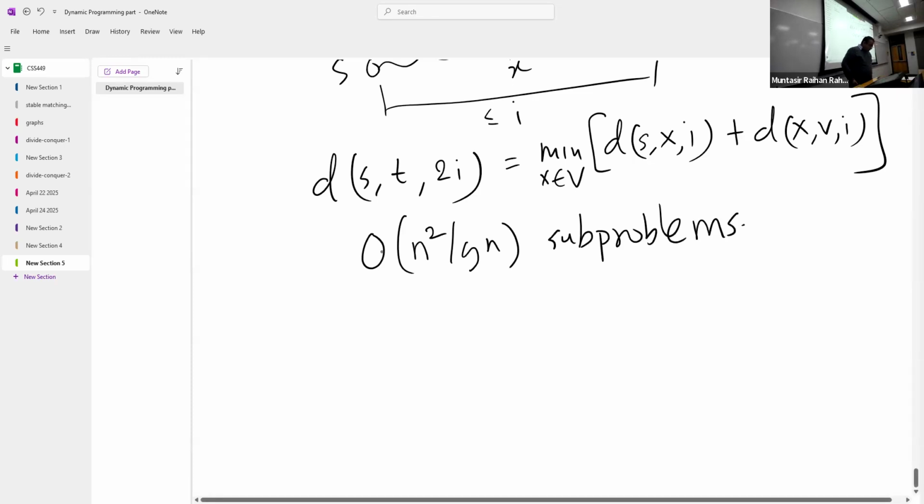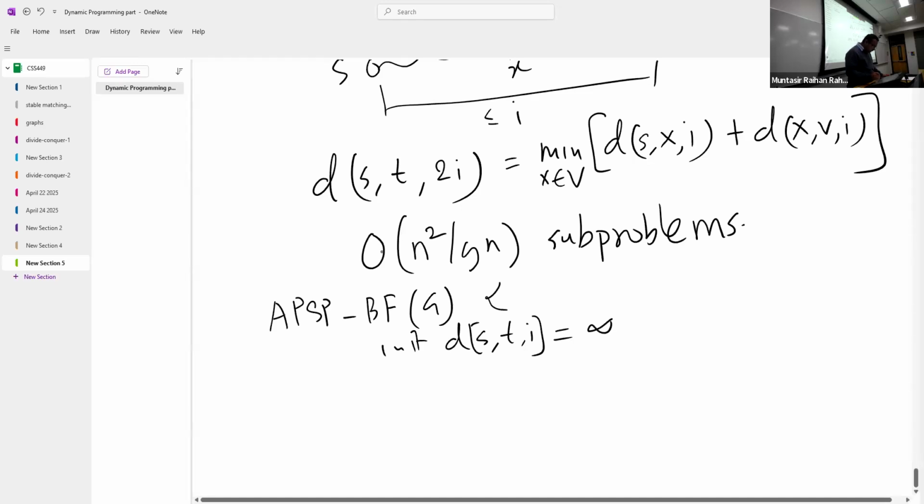Right? And now basically we have the all pair shortest path Bellman-Ford. Now I don't have a vertex to start with, right? So I initialize D of S, T, I to infinity for all, and now I have a base case.